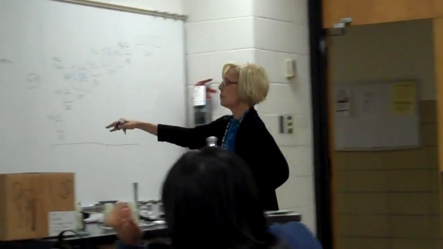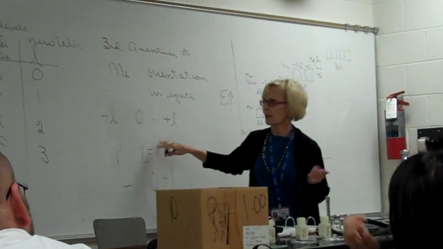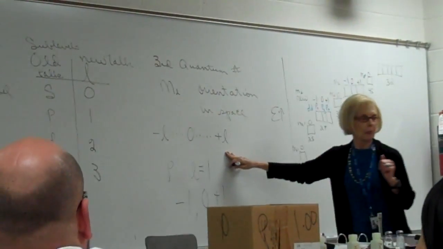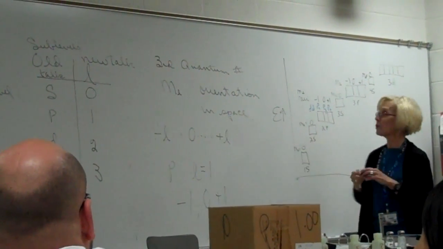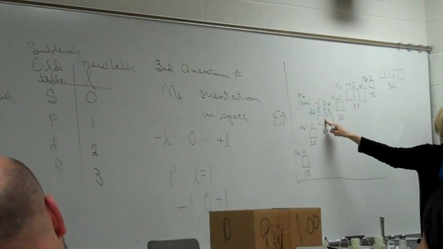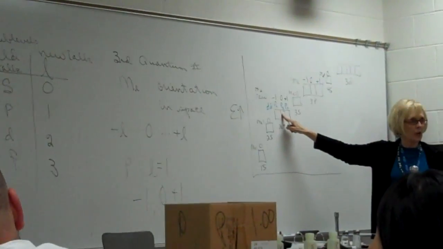Okay, now, a neat trick. If you can't remember the math talk of what m sub L can be, here's what you can do. If you use a box diagram, take the center orbital, make it 0. Build a number line.